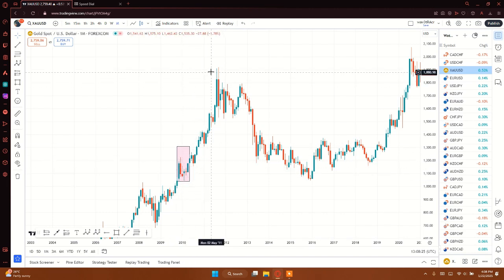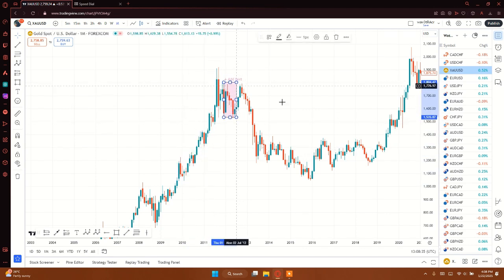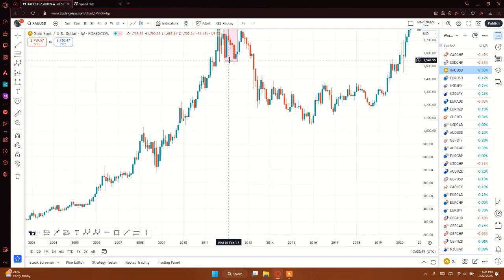All of this until here is our third wave, which is the elongated wave, and all of this is our fourth wave. And so we expect the fifth wave to be short, not long as we expected. So when we place this box here to reflect the length of the fifth wave, we can see that it was approximately around this area here. So we could have just taken our short position here and then had all of that.